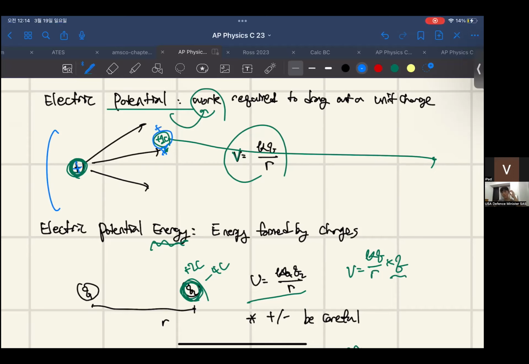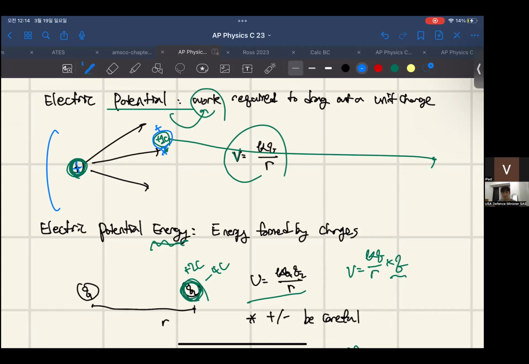Now, positive and positive charge would induce a repelling force, meaning that this +1 coulomb charge is going to move farther away, infinitely far away out of the electric field, regardless. Even if you don't do work, this charge will still go out of the electric field because there is a repelling force present.